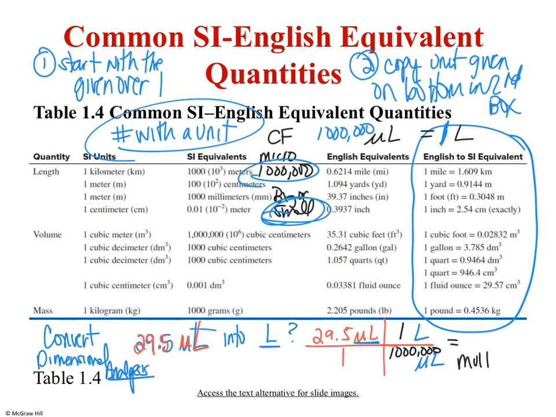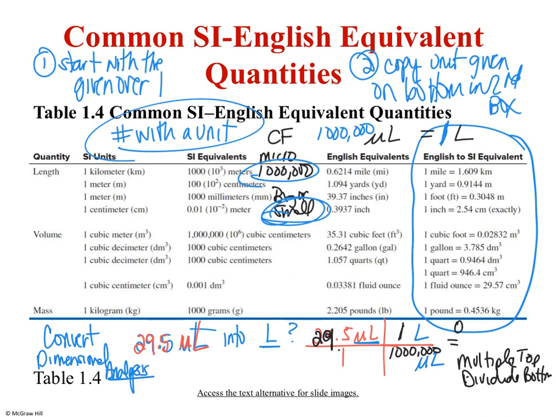You multiply the top numbers. You divide the bottom. So you could do 29.5 times 1. That's just going to give you 29.5. Okay, so then you type in 29.5 and you divide that by 1 with 6 zeros.